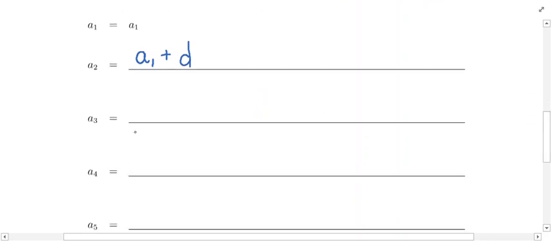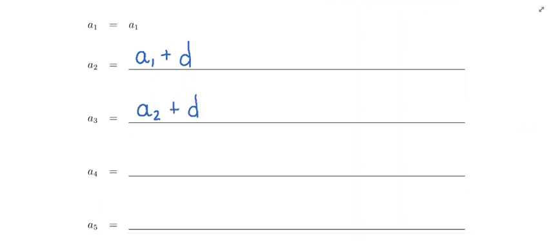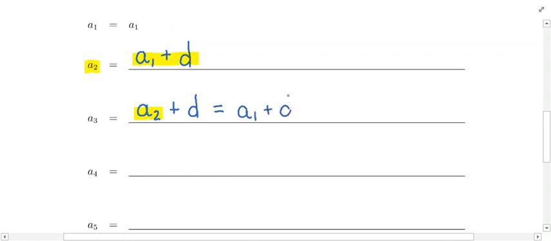Okay, moving on to get A3. How would you get A3? Well, A3 you would get by taking the second term, the term that comes before it, and adding the common difference. But we can go a step further now. We know what A2 is. A2 is the same thing as A1 plus D. So I'm going to make this substitution here. I'll keep this highlighted in yellow, because all these things in yellow are equivalent.